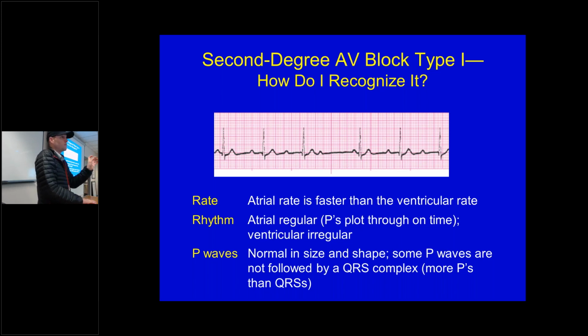If there's no skipped beat and the PRI is widened, that's, sorry, not a type 1, a first degree. If the PRI is widened and it's getting longer and longer, that's a second degree type 1. We'll talk about the difference with type 2 here in a second.